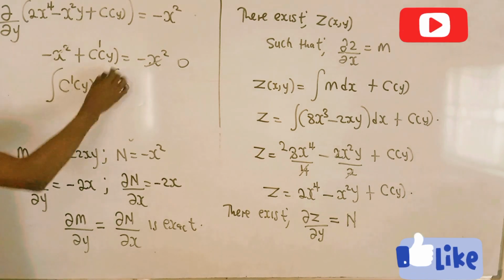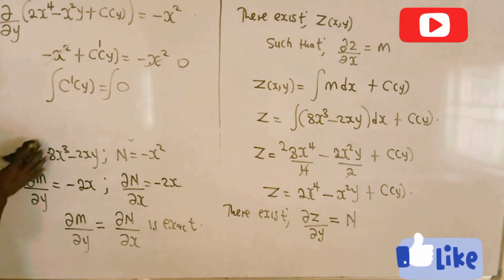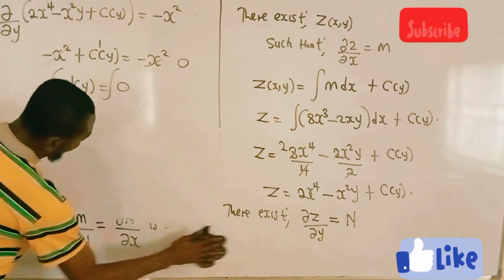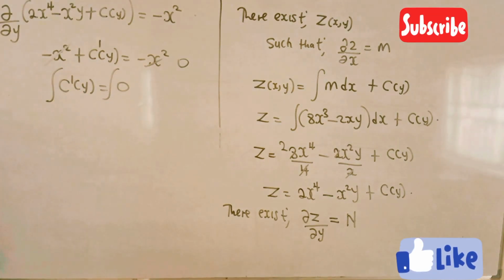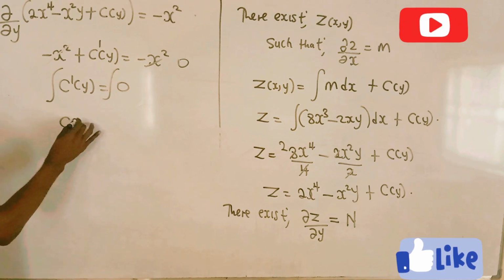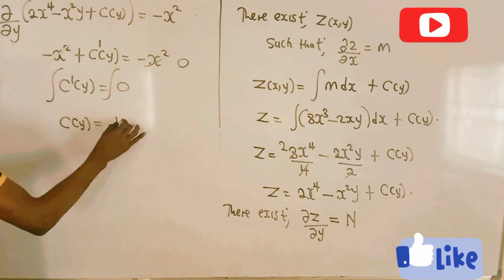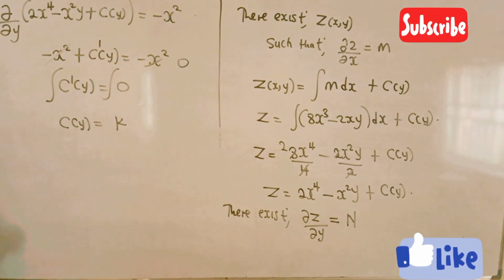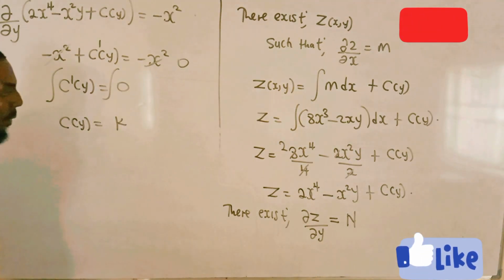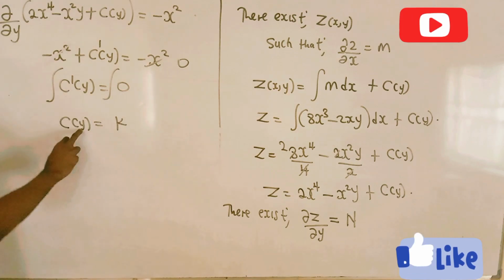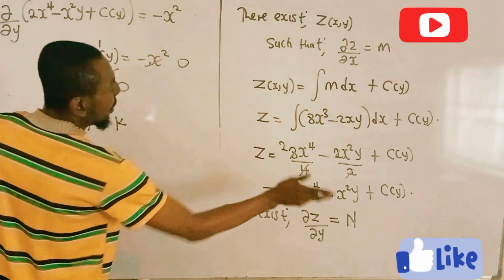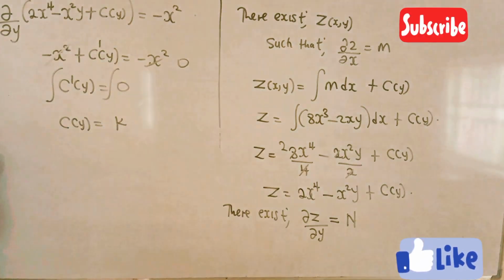To find c of y, we integrate both sides, and actually we're going to have c of y equal to k. The integral of 0 is a constant, and the differential of a constant is equal to 0. Then we can substitute the value of c of y into our main equation.